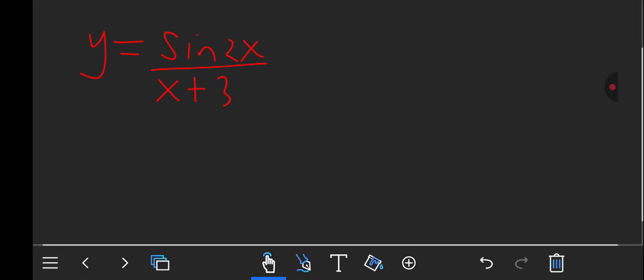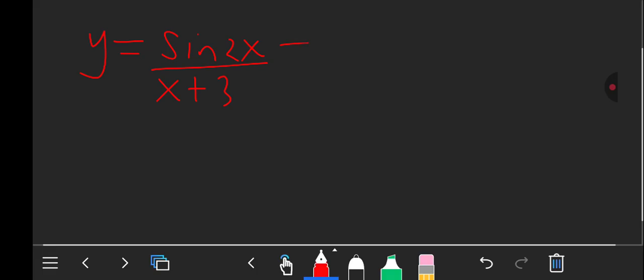We are told to find the derivative. We're going to let this be our u as usual, and this our v. Then we find u prime, which is the derivative of sine 2x. When finding the derivative of sine 2x, we first have to differentiate 2x. That is just a 2.